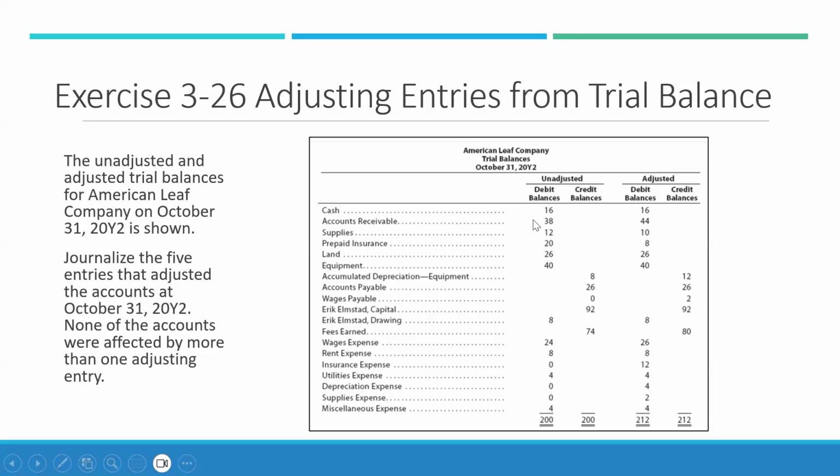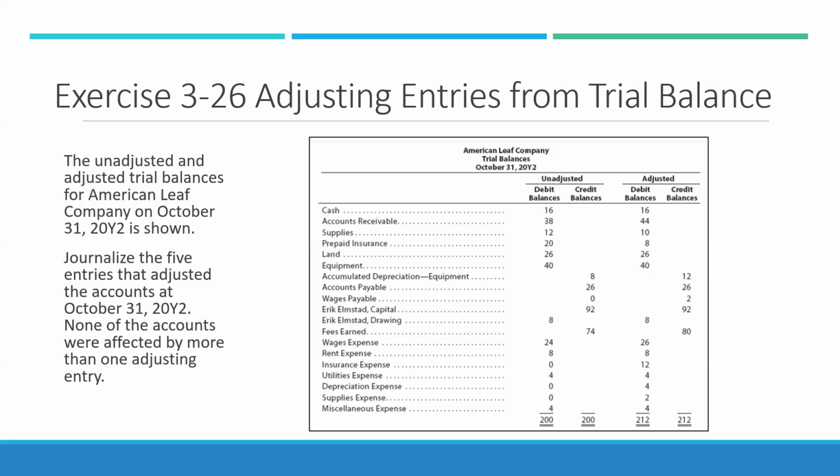So do you see the unadjusted accounts receivable is 38 and the adjusted shows 44? So that went up 6,000. Let's go look at fees earned. Do you see how fees were at 74 and now they're at 80? Can't we surmise from this that we have an adjusting entry of a debit to accounts receivable for 6 and a credit to fees earned for 6? So we recorded fees earned but not yet billed.